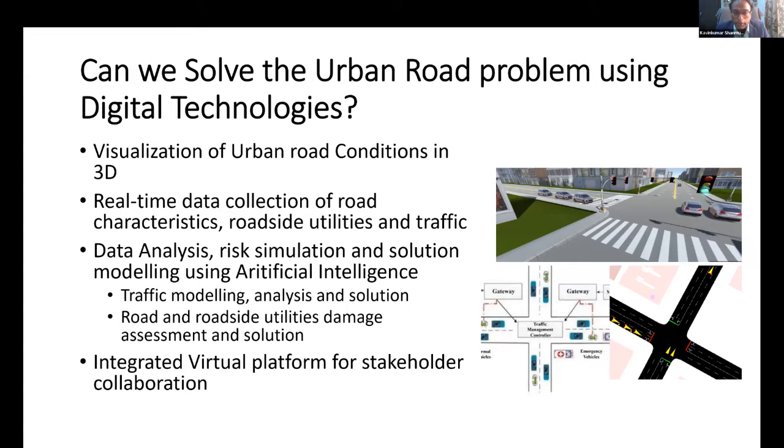Many people today use Google Maps to reach a destination, and no one even knows the address. You rely on technology to reach a destination or predict the traffic. Now, can I have a virtual platform? Road users are separate, engineers are separate, governance people are separate. Can I bring all these people together so that I have a holistic solution? These are the questions we posed to ourselves.